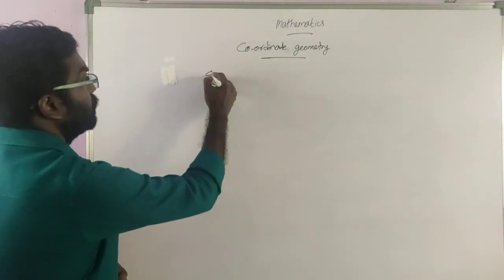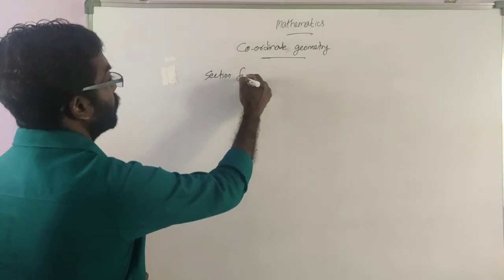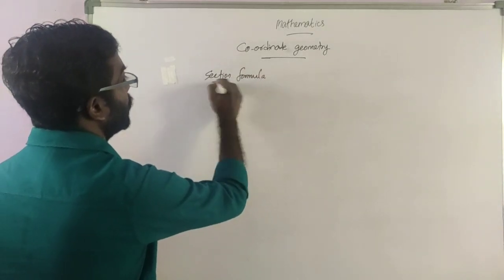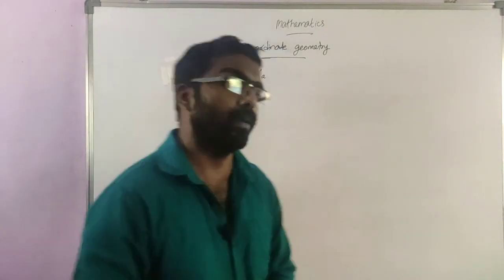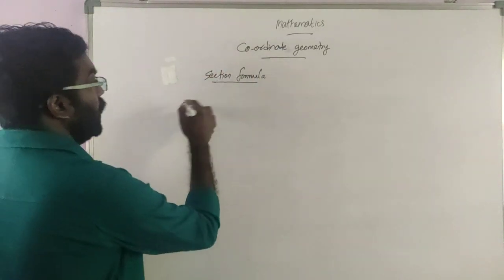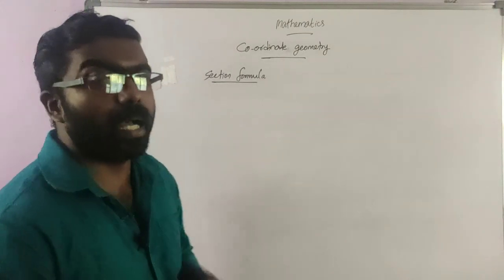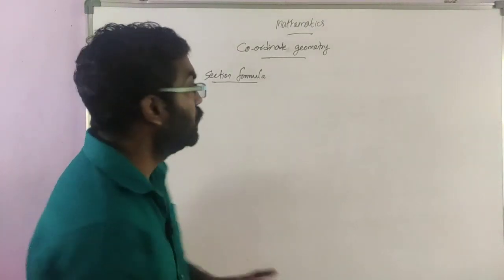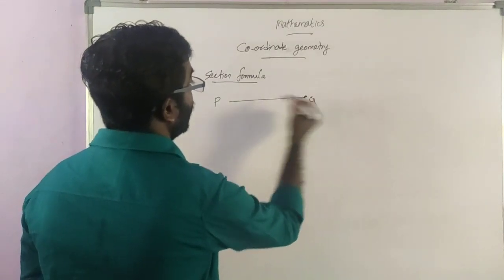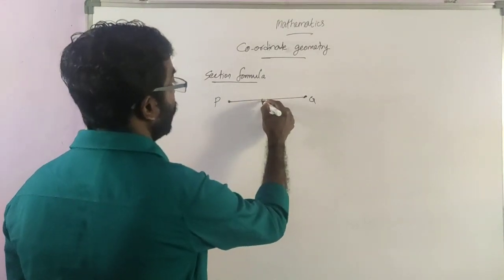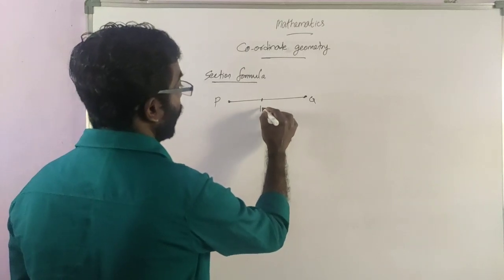Okay. Now the next one is section formula. It's one of the important formula in this chapter, coordinate geometry, that you have already learned. The coordinate of the point which divides the line joining the points P and Q internally in the ratio m is to n.